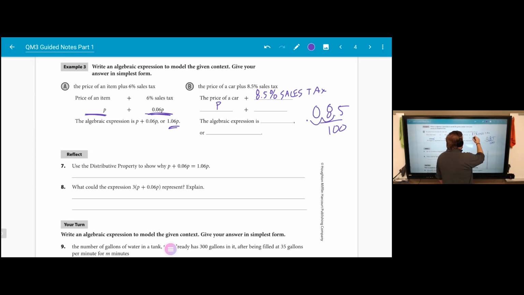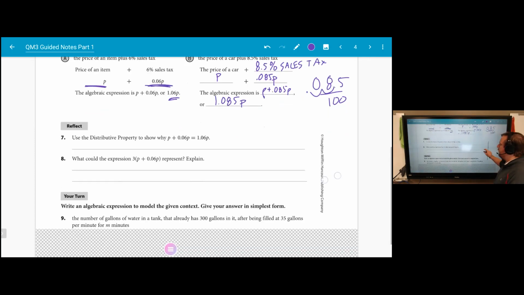That gives 85 thousandths, 0.085, times P. So the algebraic expression is P plus 0.085P, or 1.085P.